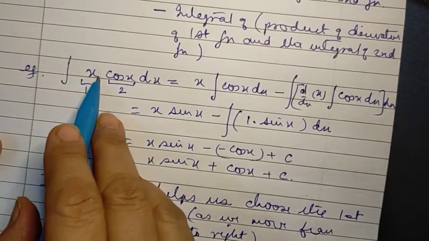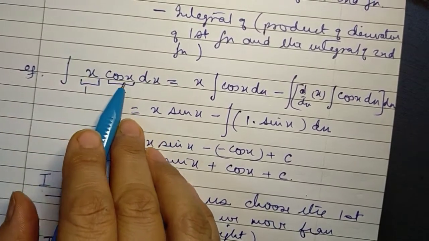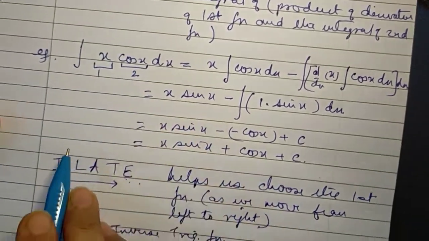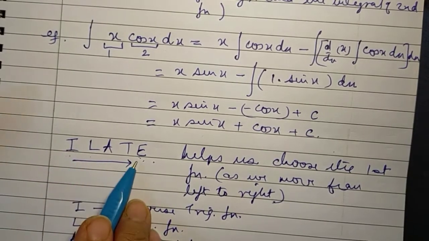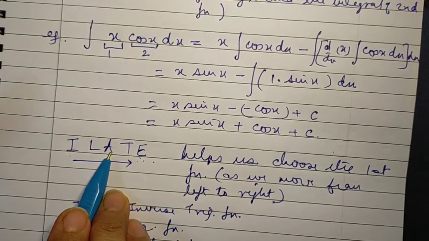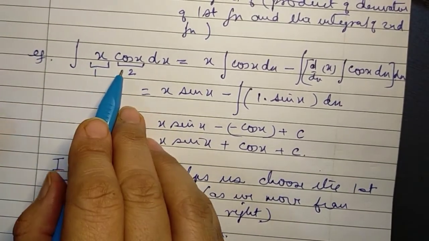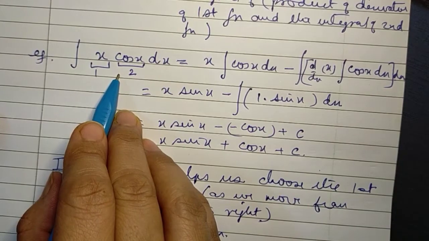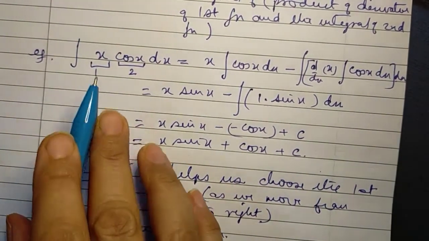Like in this example, x is an algebraic function and cos x is a trigonometric function. As we move left to right along ISLATE, the algebraic function comes before the trigonometric function, and so we choose x to be the first function. And this helps us a great lot.